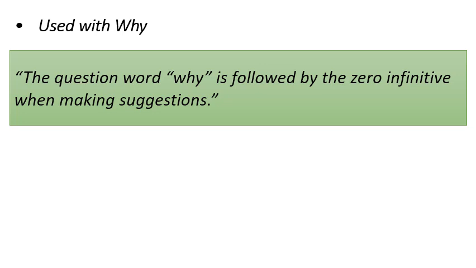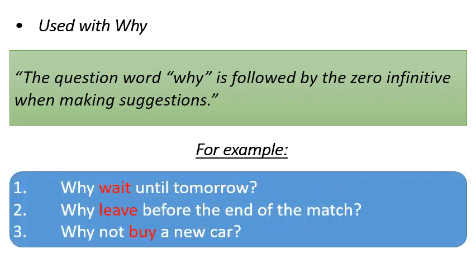Number 4th is it is used with why. Means the question word why is followed by the zero infinitive or bare infinitive when making suggestions. Means when a suggestion is given, at that time with why the bare infinitive is used. To clarify it, let's see some examples. Why wait until tomorrow?